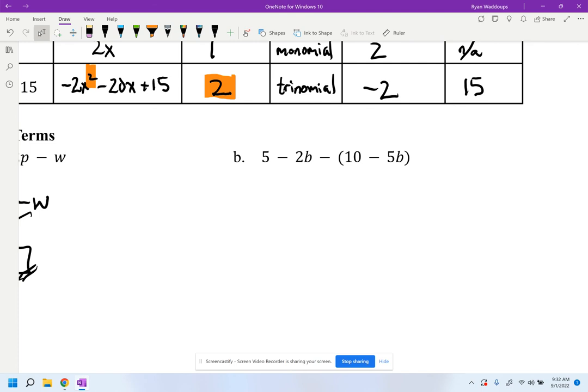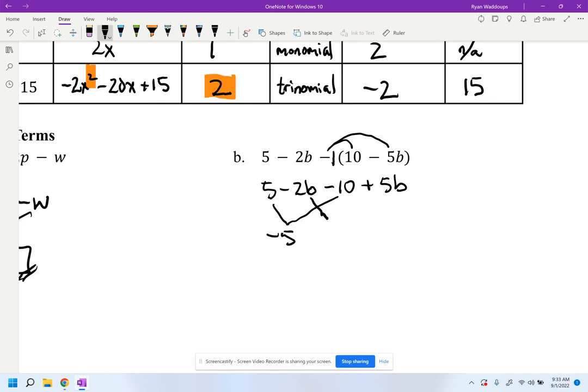We've got 5 minus 2b minus 10 minus 5b. I want to get rid of the parentheses. You can think of this minus as a minus 1, and I can multiply that out using the distributive property. So I get 5 minus 2b minus 10 plus 5b. You've got to distribute the negative to both terms inside the parentheses. So then I've got 5 and minus 10. 5 minus 10 is negative 5.